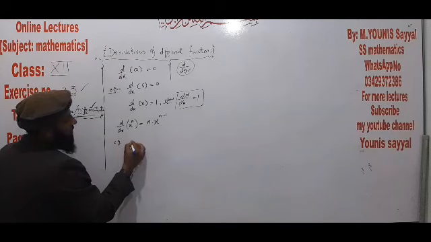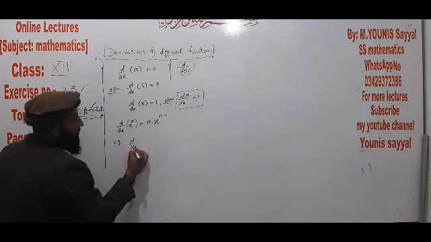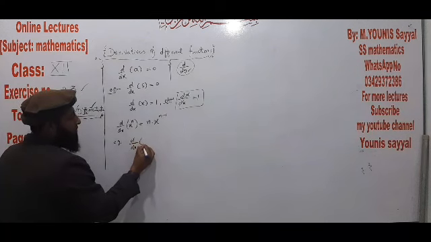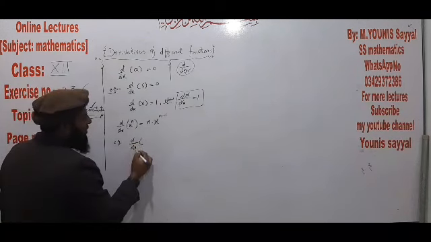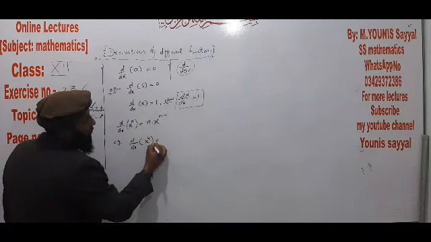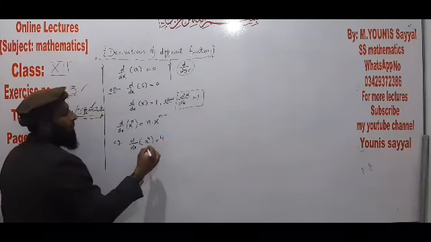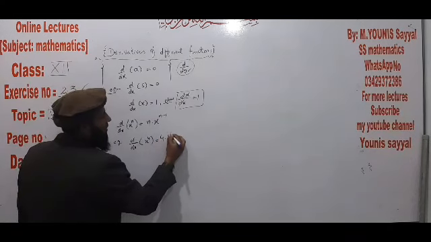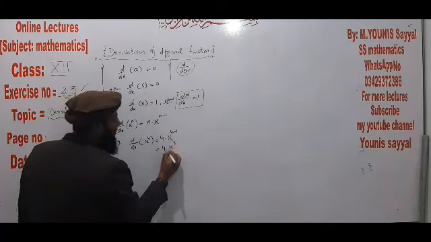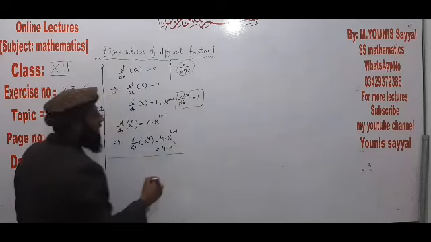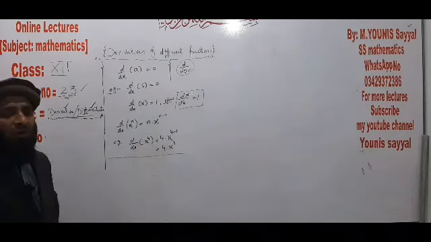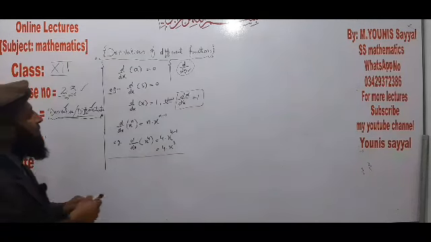For example, the derivative of x power 4: 4 comes down, x power 4 minus 1, which gives 4x power 3. This is simple derivation: power downward and power 1 less.